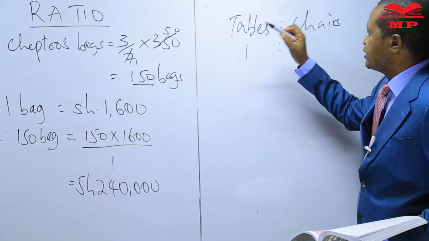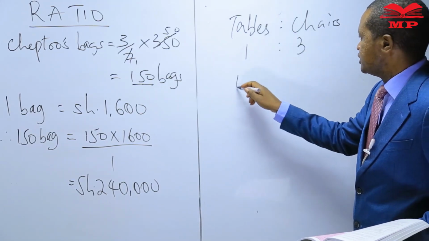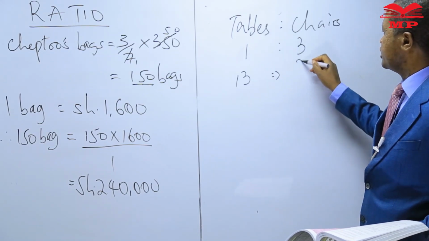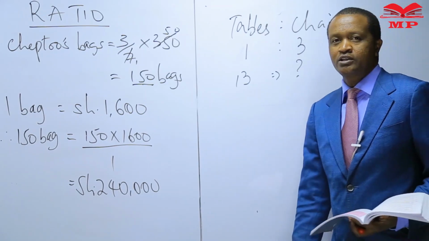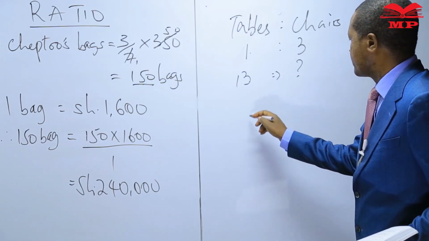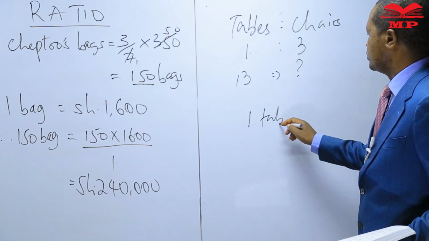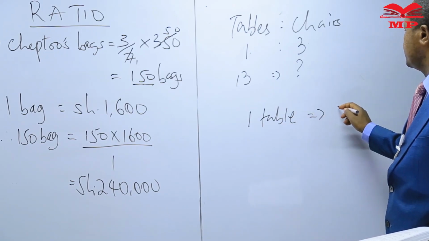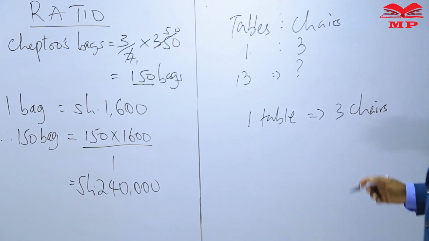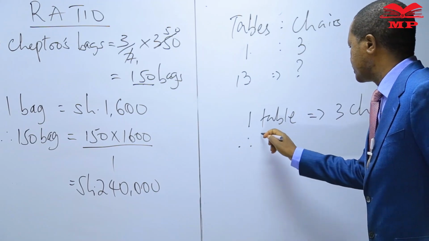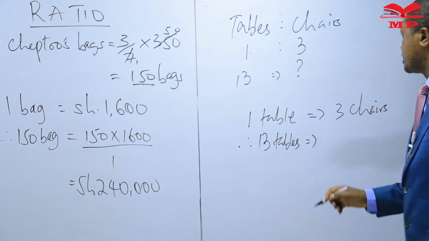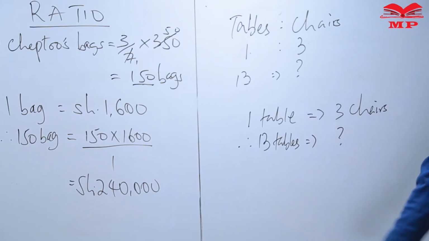So if there were 13 tables, the question is how many chairs were in that restaurant. To answer this question, we know that when there is one table, there are 3 chairs. Therefore, when you have 13 tables, how many chairs will you have?